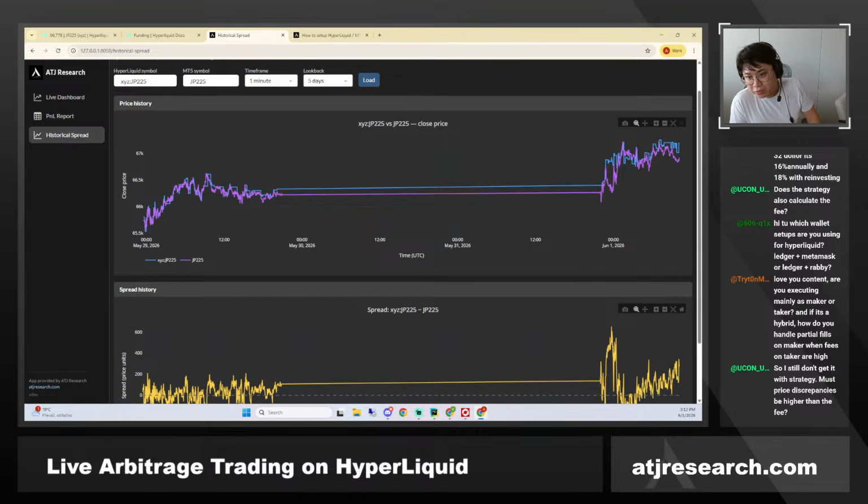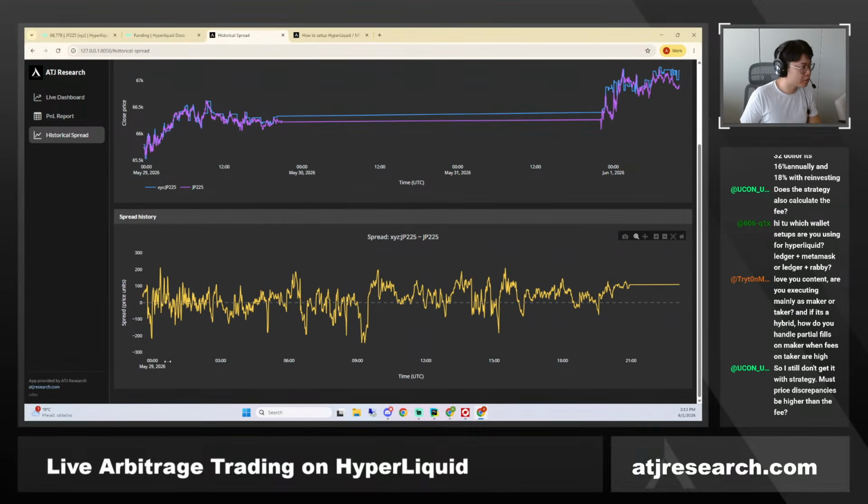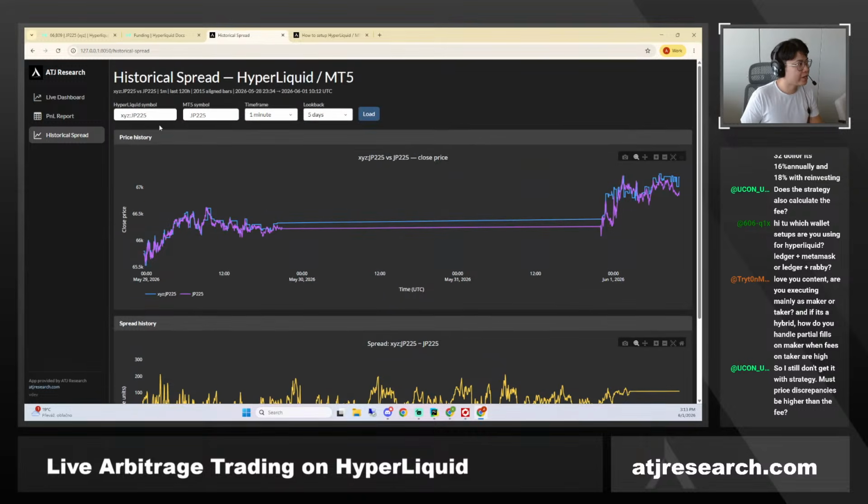So I still don't get it with strategy. Must price discrepancy be higher than the fee? I mean, yeah, correct. So let's say here is a nice example, right? If you buy the spread at minus 200 and exit at zero, so buying the spread at minus 200 means buying XYZ JP225 and selling MT5 JP225.